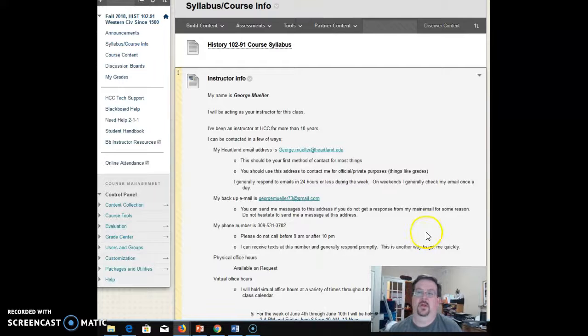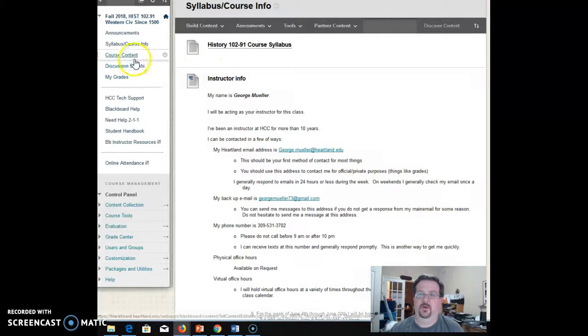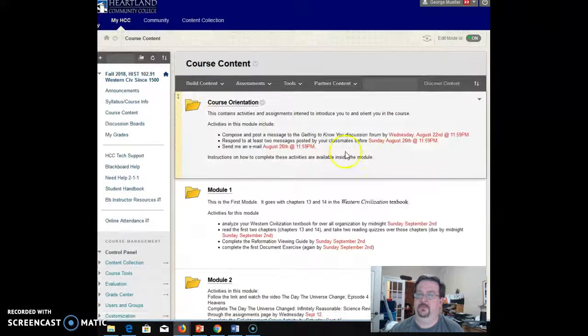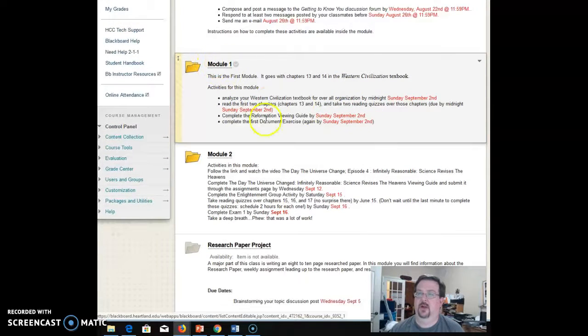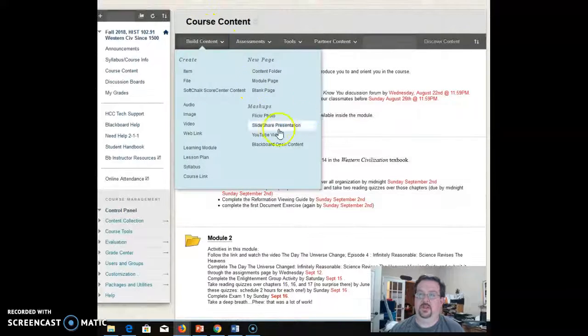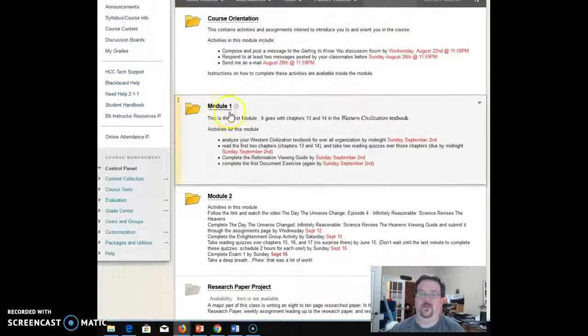Back in Blackboard, the major place we're going to interact is through course content. As you can see, we have each module broken out into its own area. On this course content page, you have what I'd call a landing that has when the due dates are within each module. So it has a list of the specific assignments, and then in red when they are due.